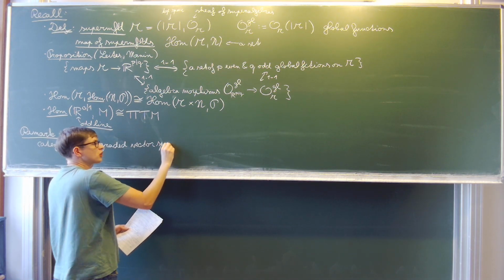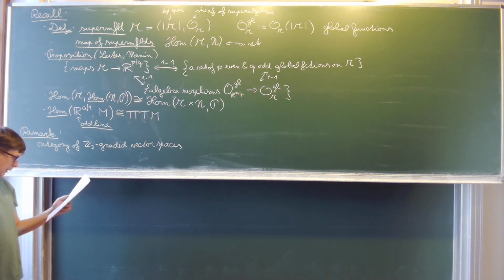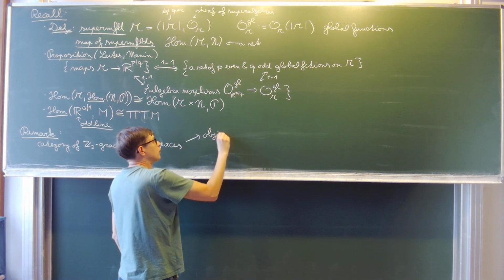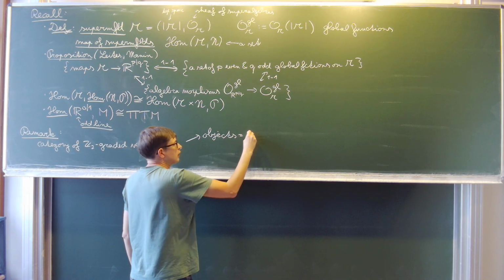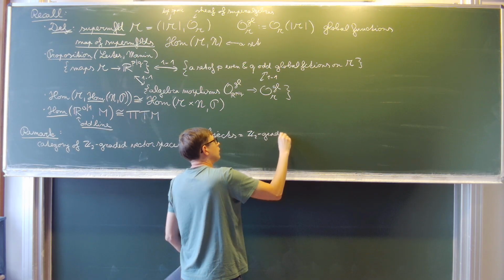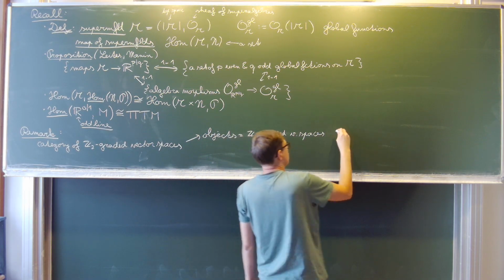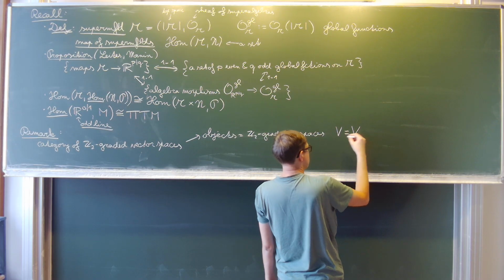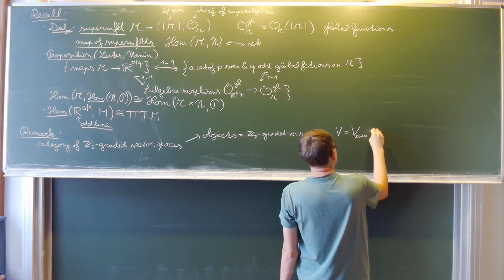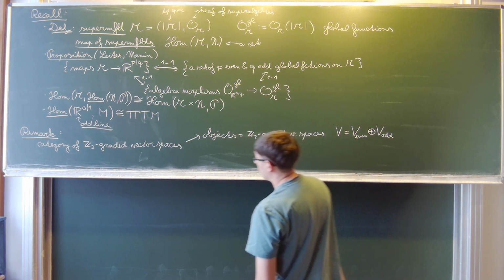Those are simply vector spaces, the objects here are Z2 graded vector spaces, which is just to say that we have a vector space and it splits into a direct sum of an even and an odd part.